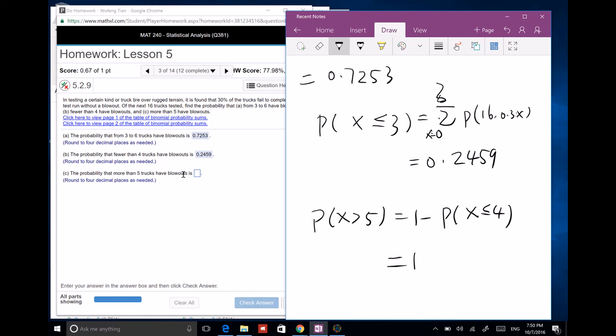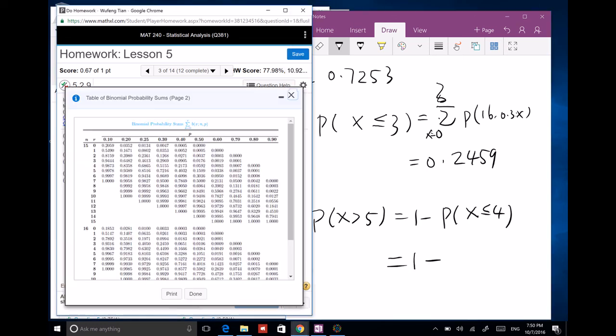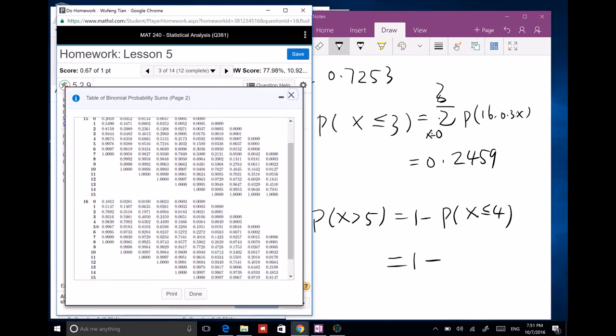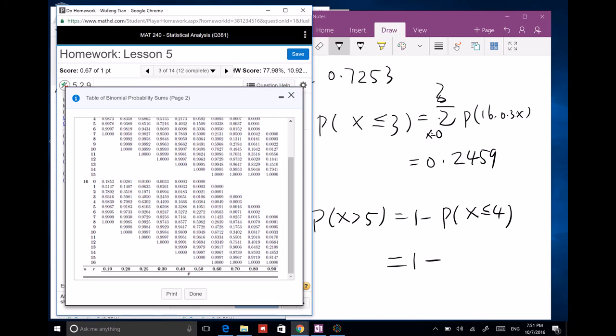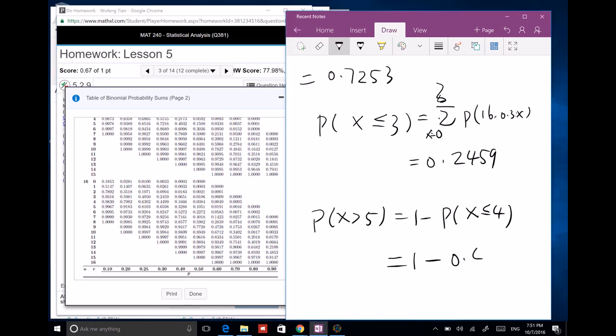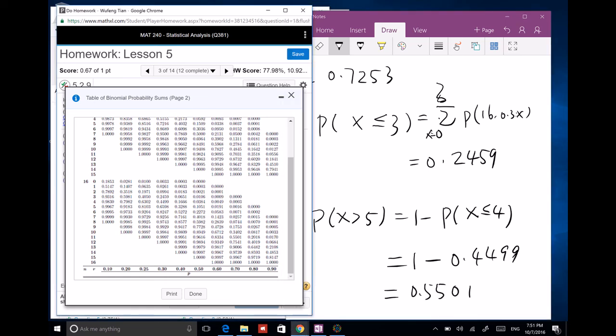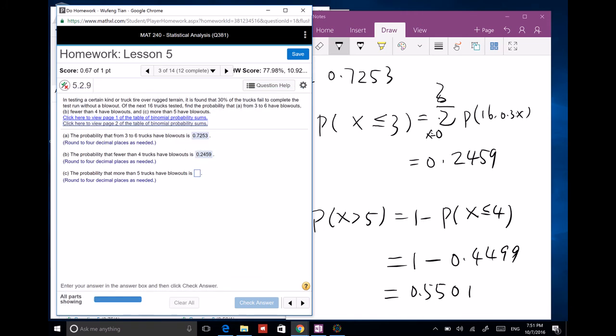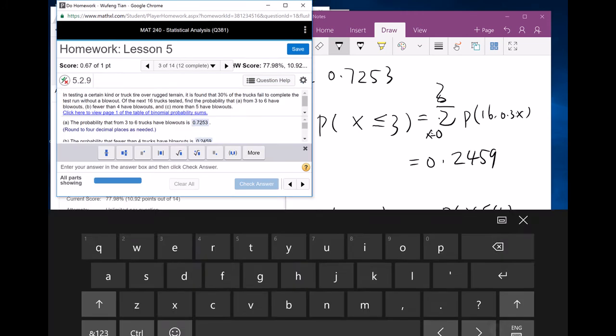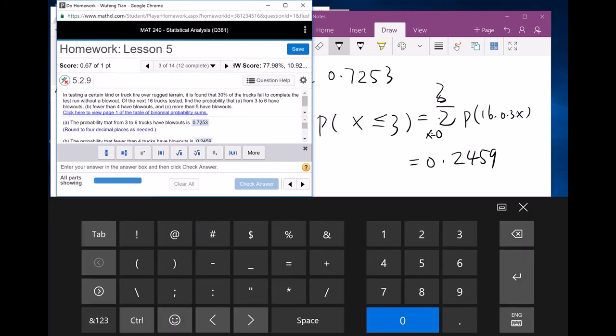So 1 minus, we find 16, and 4 goes to 0.3, 0.3 goes to 4, 0.4499. Subtract, it's going to be 0.5501.